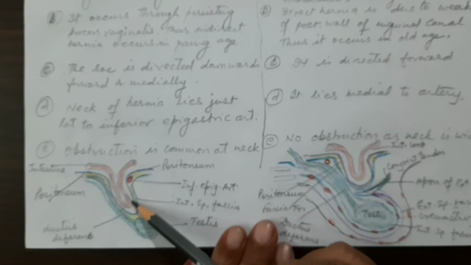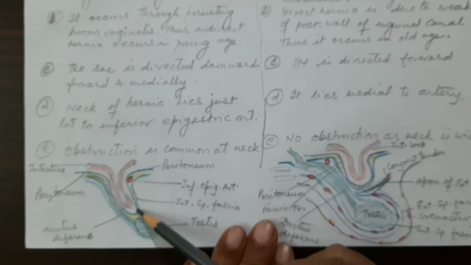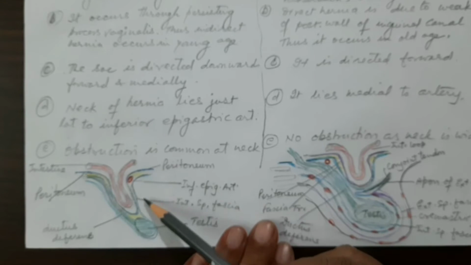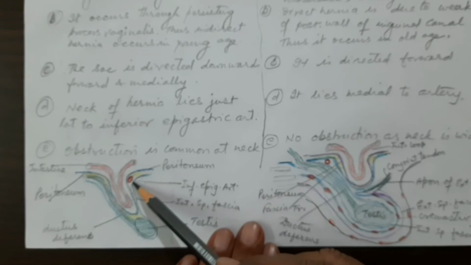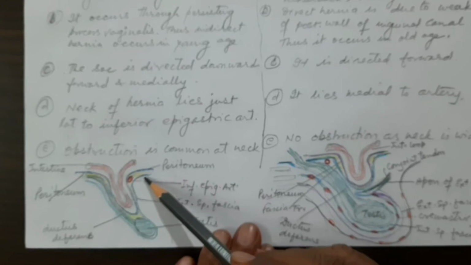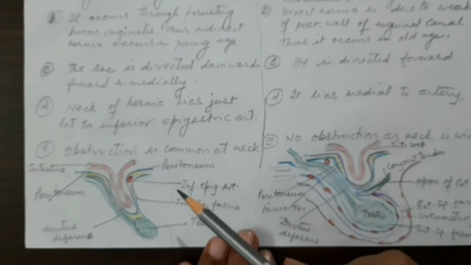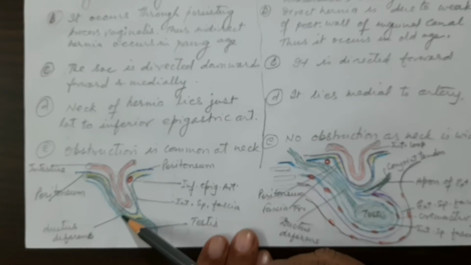Where I am tracing the tip of this pencil, this is the peritoneum, that means the parietal peritoneum, and this parietal peritoneum pushes its way through the deep inguinal ring. And how is the deep inguinal ring formed here? It is formed by the internal spermatic fascia. This membrane here covers the testis and spermatic cord.